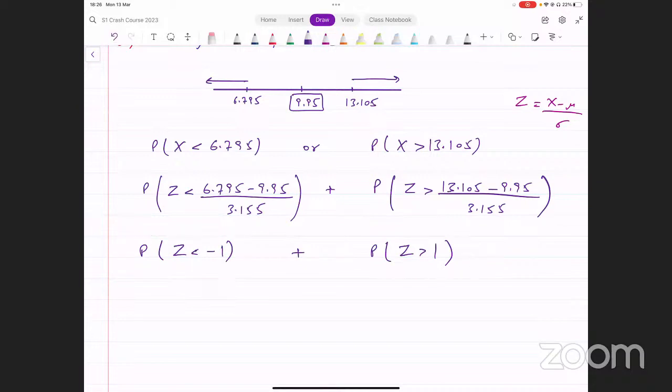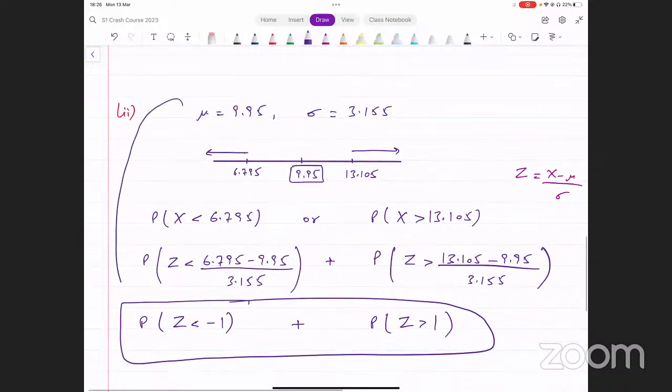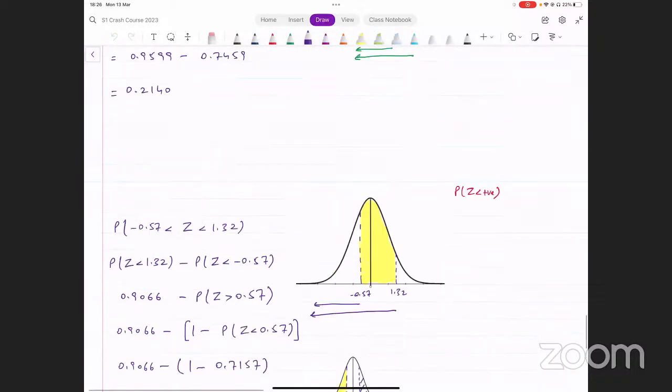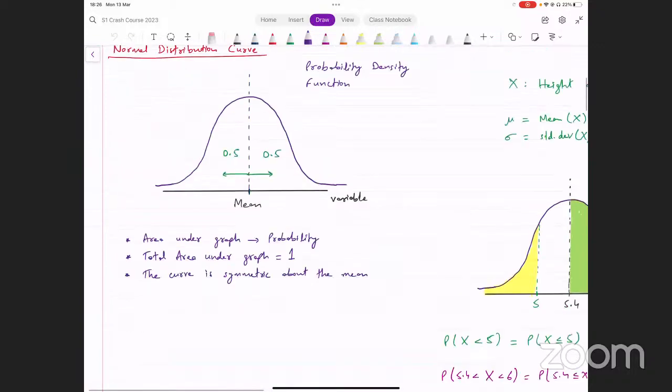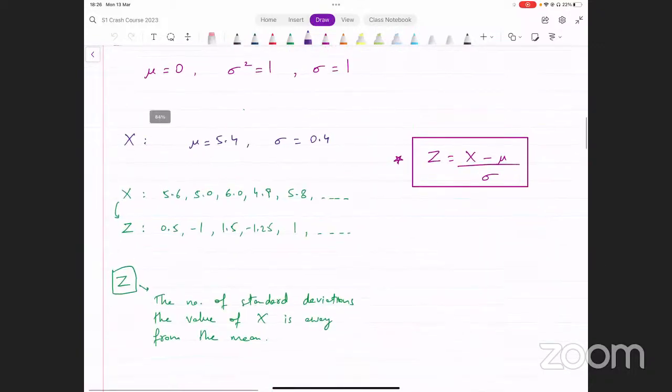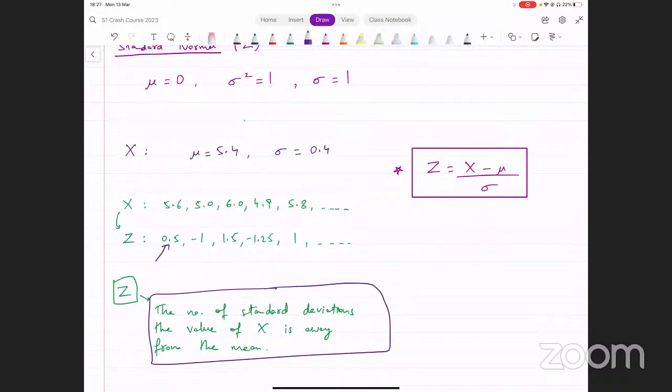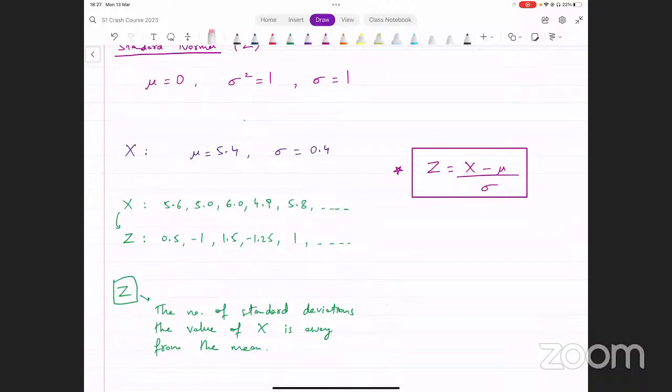Now, if you remember the interpretation of z values, you could actually write this directly, and you would not have to do all of this thinking that you did before. How exactly would that be possible? Remember what we discussed about z values when we started normal distribution? The z value here represents the number of standard deviations the value of x is away from the mean. So we looked at this example.